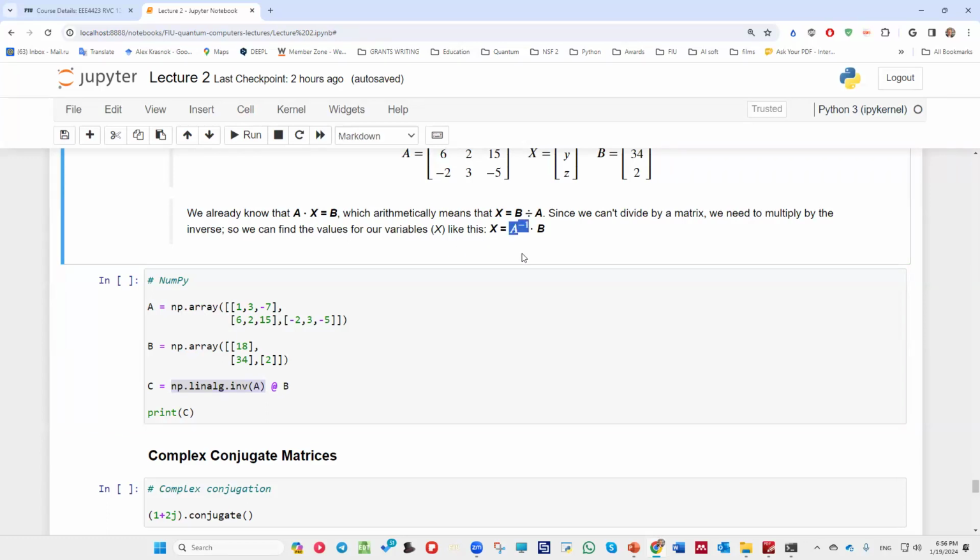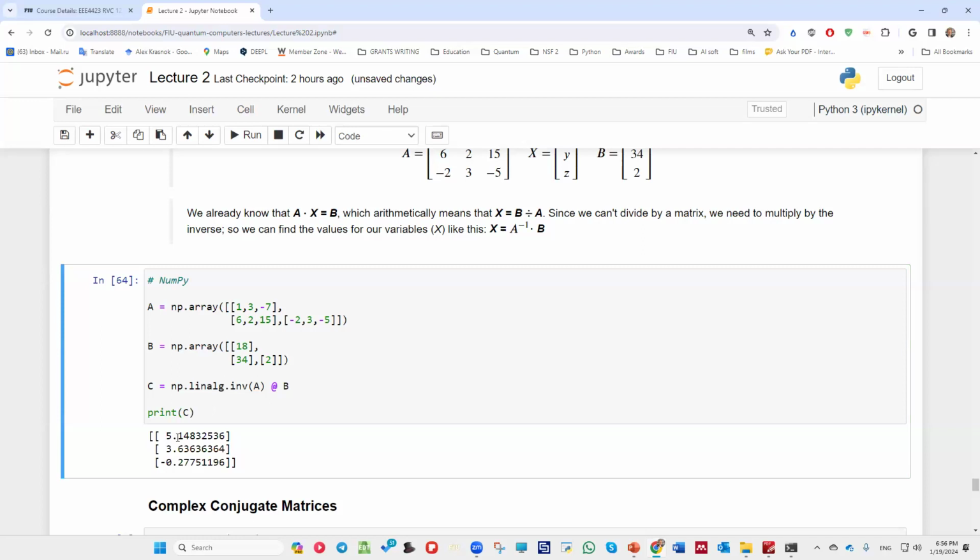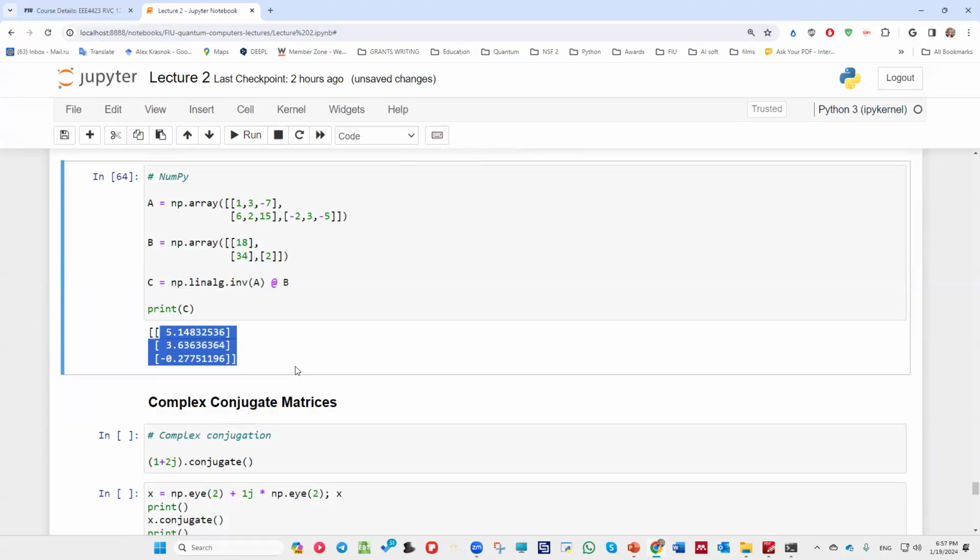So this is A inverse. And then I take the matrix product of this inverse A with vector B. So basically I write this line, and it returns me this vector C. I just run this cell, and it returns me this vector of unknowns. So this is the solution to this system of linear equations. Pretty simple.